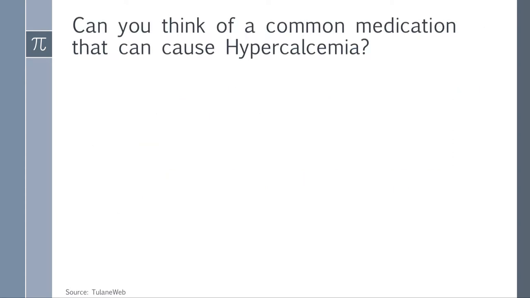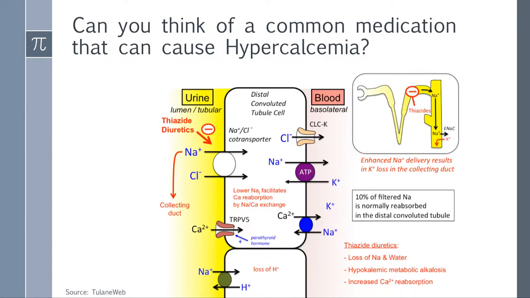Now, a common trivia question also shows up on exams. Can you think of a common medication that people use for a common disease that can actually cause hypercalcemia? If you're in endocrine surgery, you ask the patient if they're taking this medication because it can cause hypercalcemia. So, thiazides, right? Remember, you have to review this in your internal medicine lectures, but one of the first common medications you use for essential hypertension is thiazides.